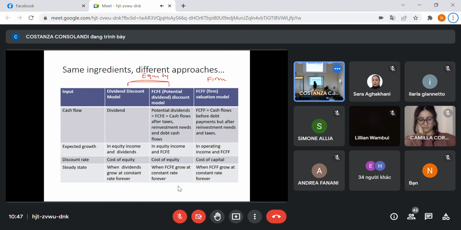So, which will be the discount rate, cost of equity for equity valuation, either in the case of DDM or free cash flow to equity, cost of capital in the case of free cash flow to the firm. How can we define in theory, because again, this is a problem in practice, when the company reaches the steady state?